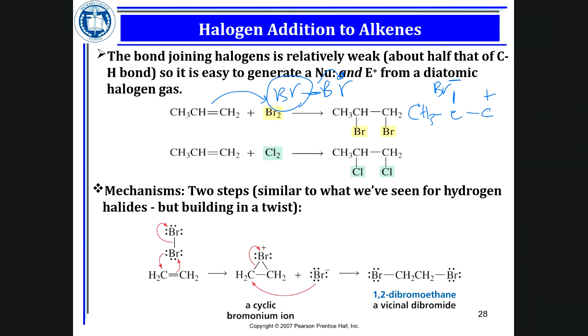Because of this, the plus and minus are too close to one another, and right away there would be a bond forming between the Br minus and the carbocation. When that bond forms, basically this is going to close a triangle.